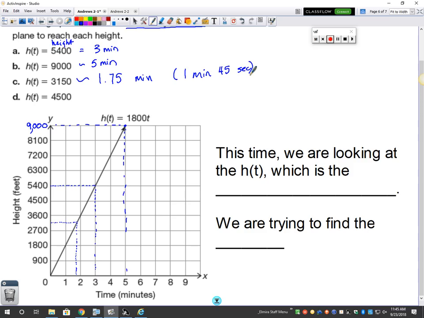Okay, 4,500. If I follow that across, there's where I hit my graph. If I go down, it looks like that looks to be about 2.5 minutes, and I believe that is one of our data points in the chart.